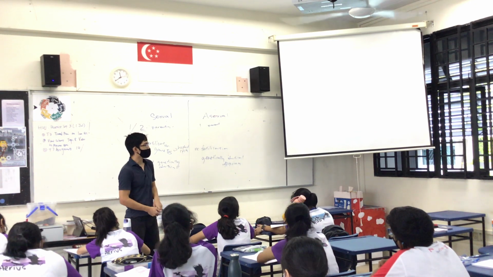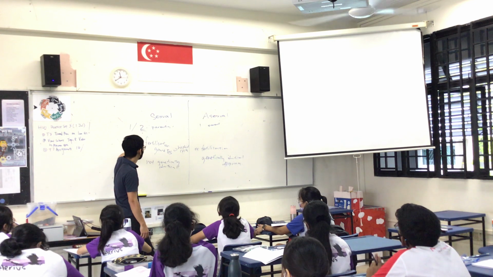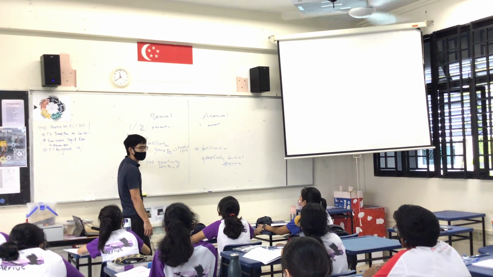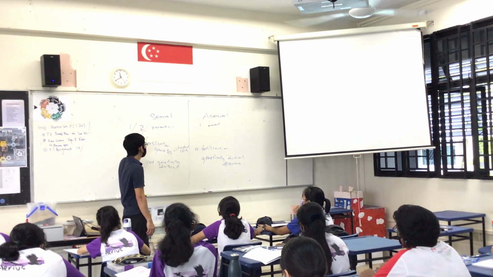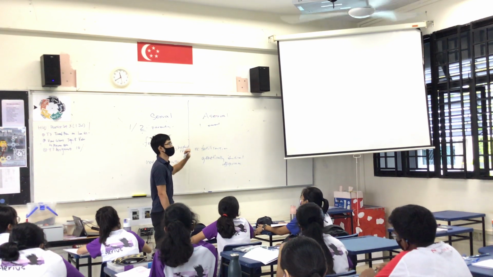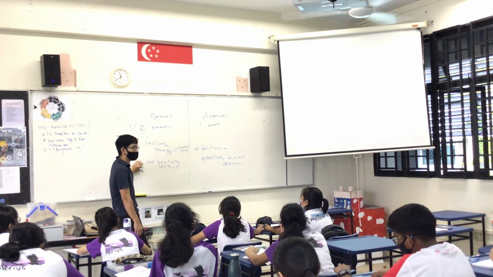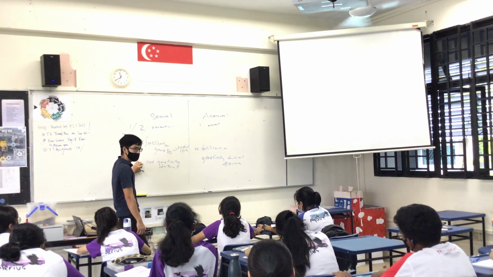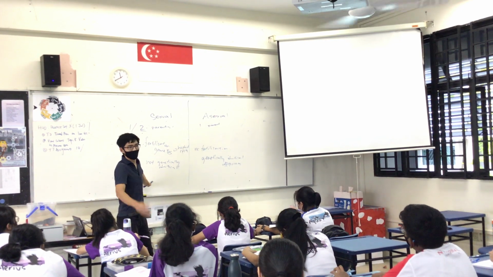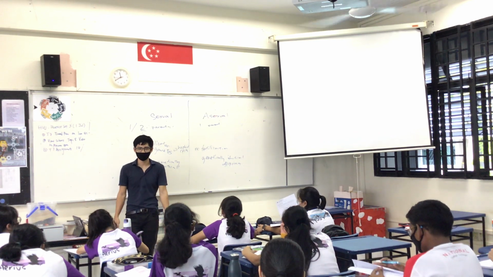Third, asexual typically does not involve production of haploid gametes, whereas in sexual there is. Number 4, sexual offspring are not genetically identical, while in asexual, you tend to produce clones of each other. Wouldn't it be wonderful? Like 100 Harish or 100 Abhi.